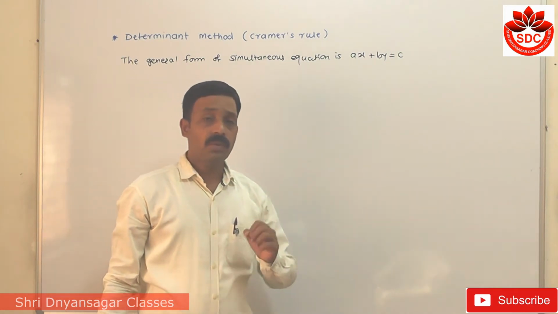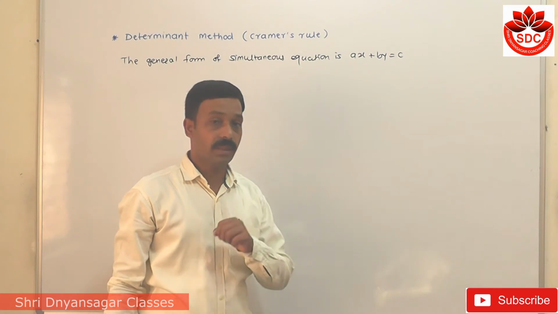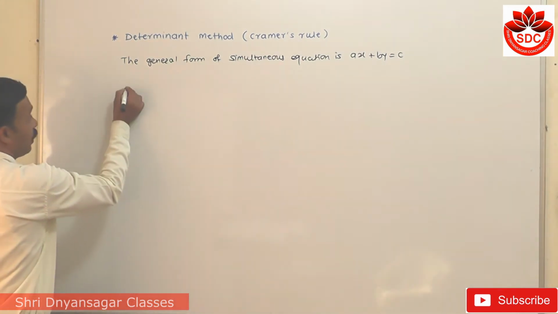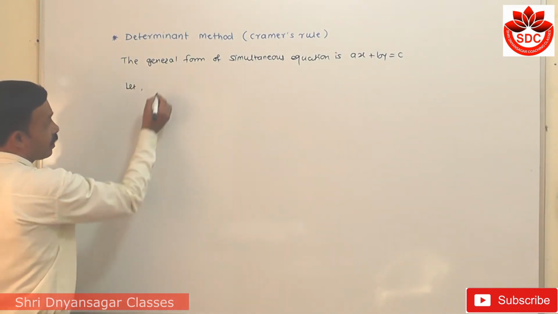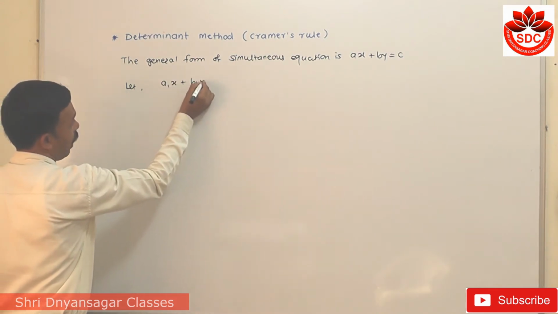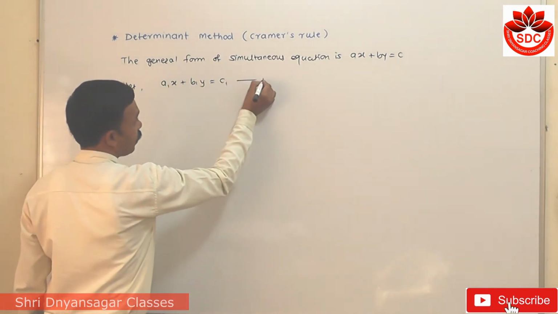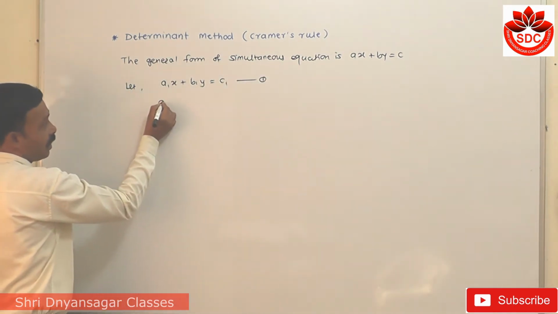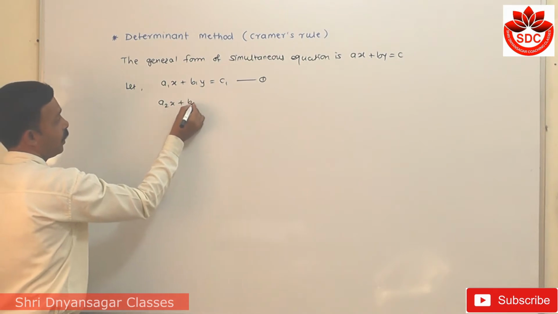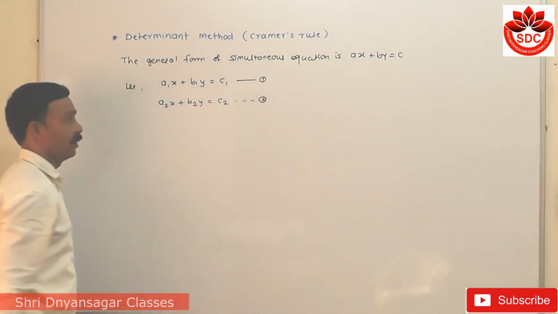Now if two simultaneous equations are given, how do we solve them? Look carefully. Suppose the first one is a1x plus b1y is equal to c1, equation number one. And the second one is a2x plus b2y is equal to c2, equation number two.